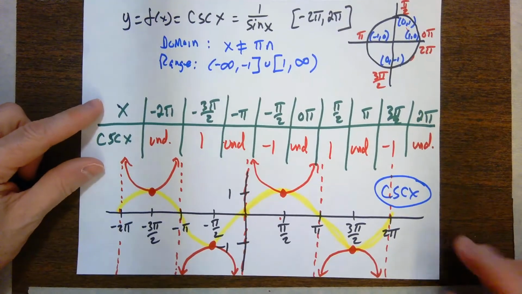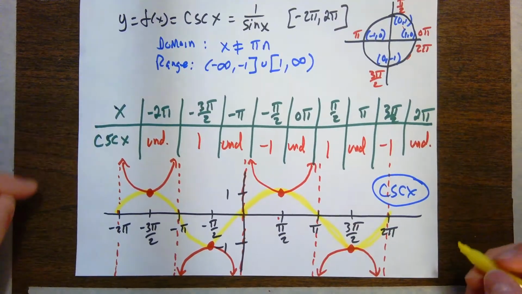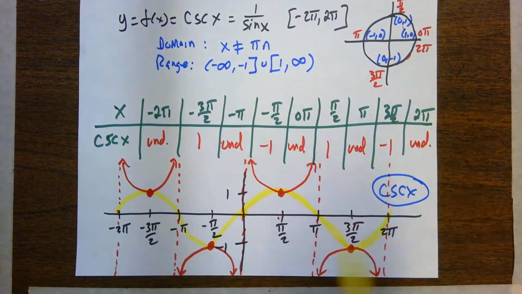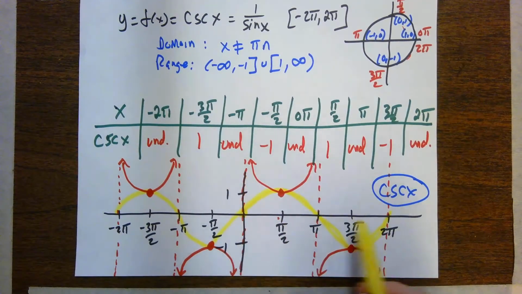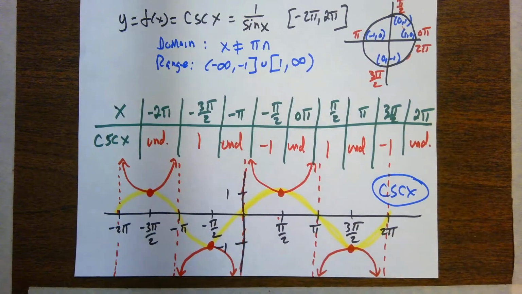There it is. That's sine on top of cosecant. Take a look at that. Anywhere where sine is 0, cosecant has an asymptote. Sine is 0, cosecant has an asymptote. Can you kind of see a connection here?